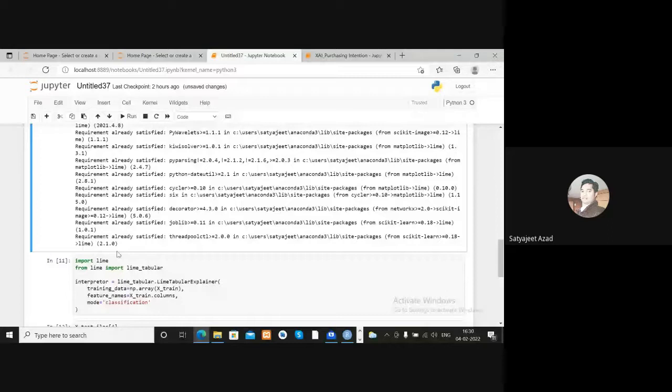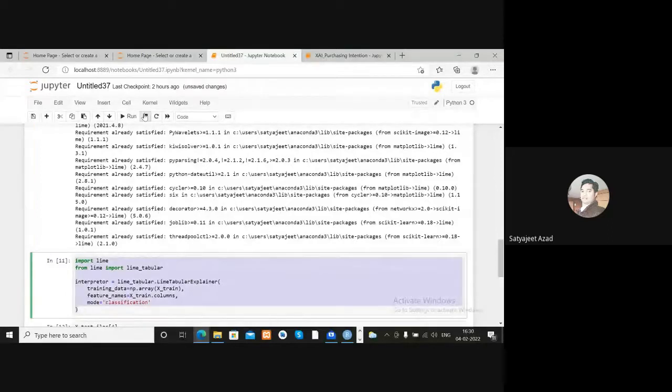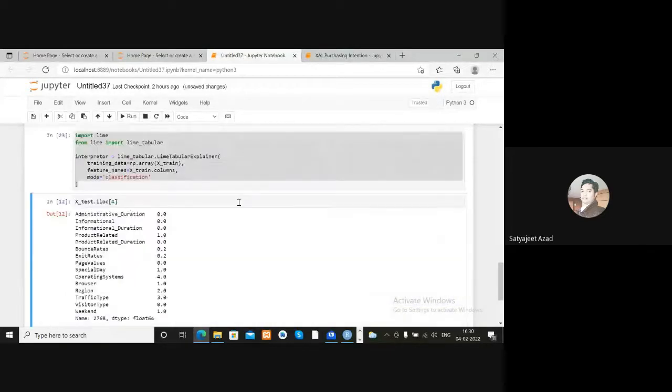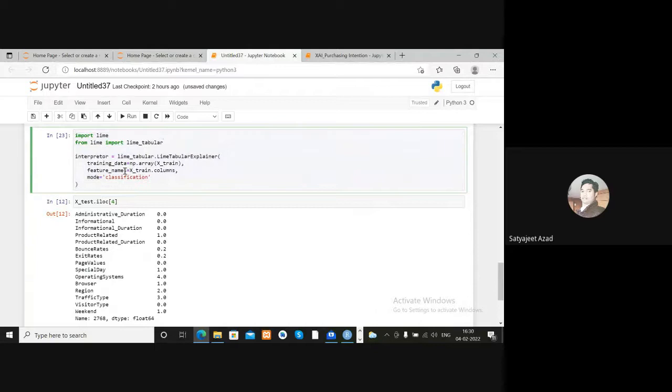After that, you run this command, import lime tabular. Tabular means your data is in tabular format. The interpreter means you are trying to interpret it, and there is something called LimeTabularExplainer. This is a function that will explain our black box models. And then x_test.iloc, one more command.